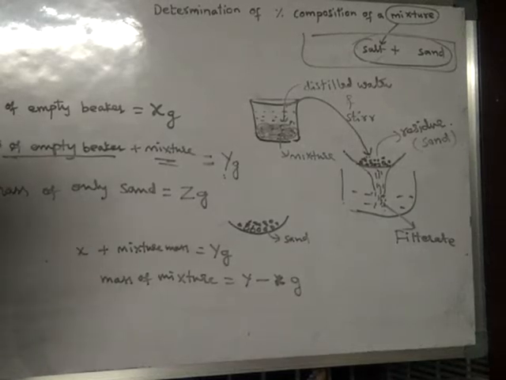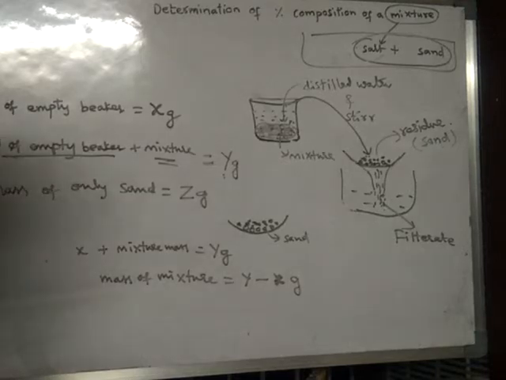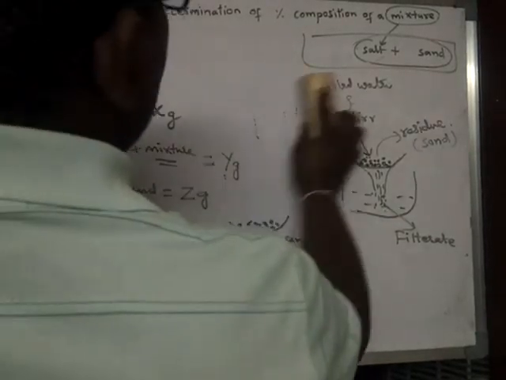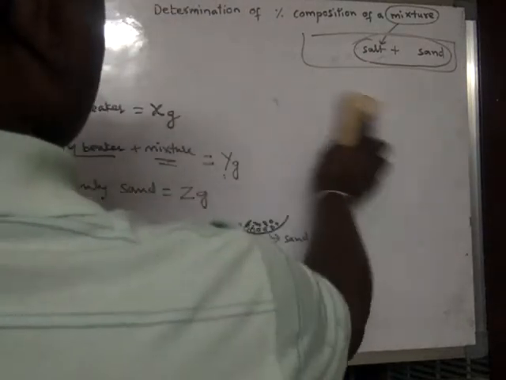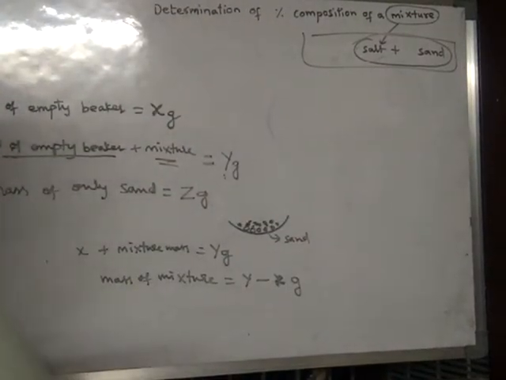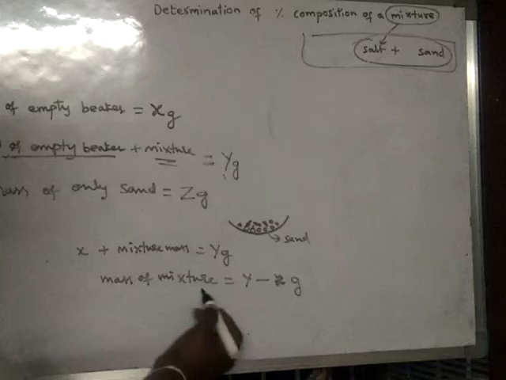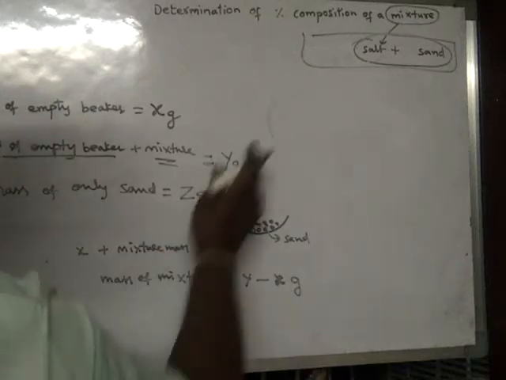Now from this we can easily find the percentage of sand in the mixture. See, what is the mass of mixture? Y minus X grams.